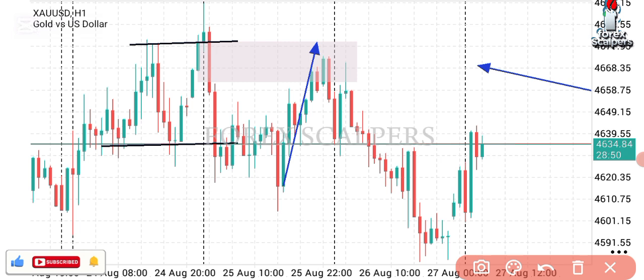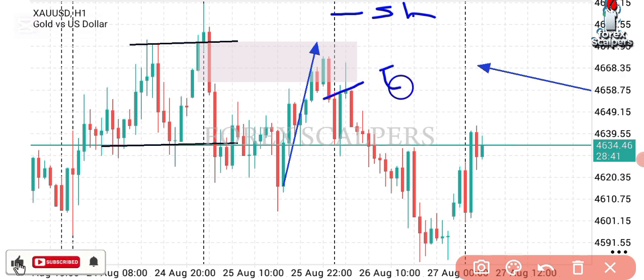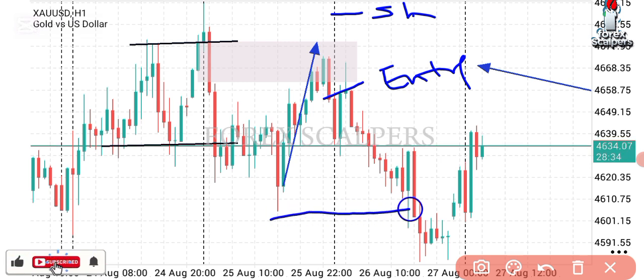So my stop loss was above this high, right? And then here was my entry, and of course my TP, I'm expecting price to take this low, and obviously price did it.